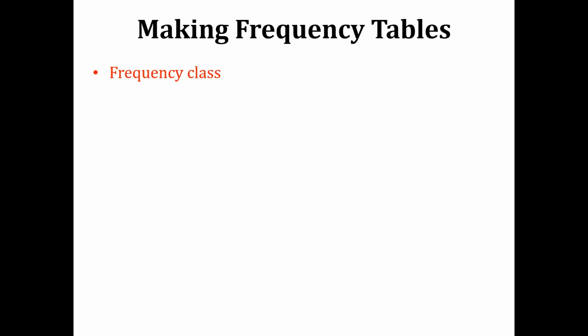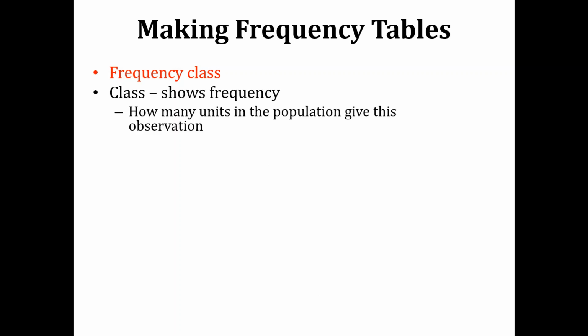So what is a frequency class? A frequency class is a class or a category in our table that shows the frequency, and frequency means how many units in the population give this observation. For example, the observation 75 millimeters: we are going to see how many times 75 millimeters is repeated, that is, how many units in the population have this length.